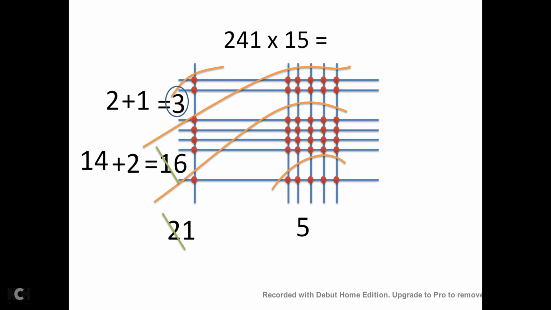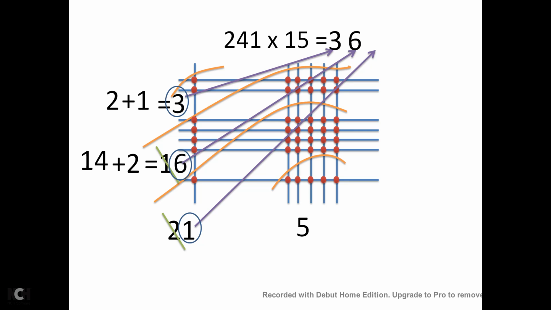So this is 3, and that should be written there. Next, our next digit of the answer is 6, and that should be written beside 3. Next would be 1, written there.